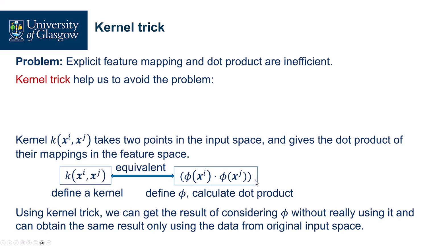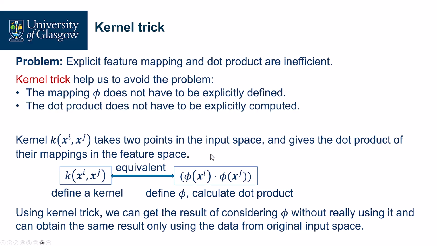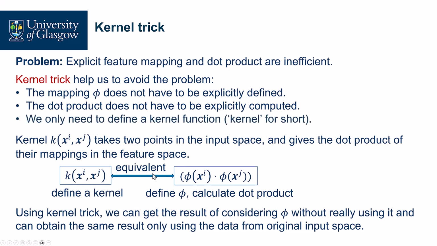So the mapping function phi doesn't even need to be defined, because we don't use it, and the dot product doesn't need to be computed in the feature space. We only need a kernel function to finish this complex calculation. The time saved is a lot, right?